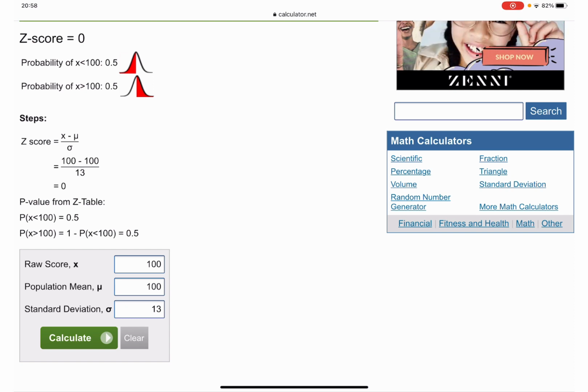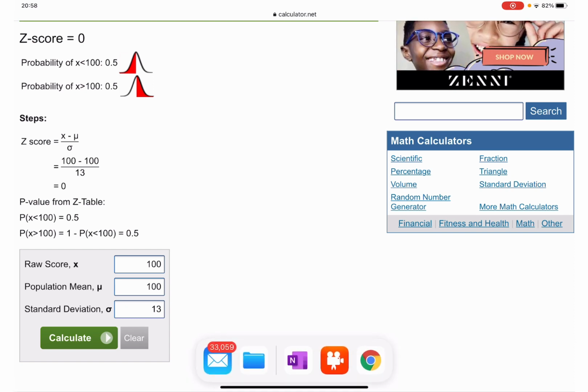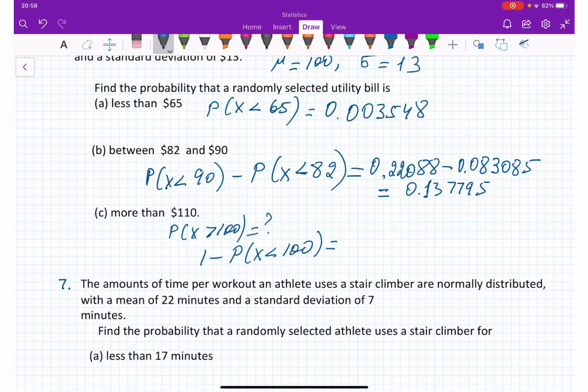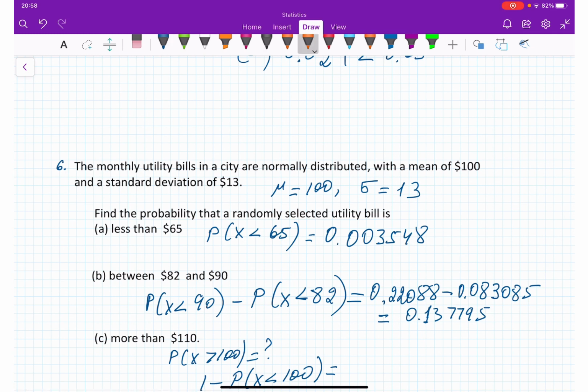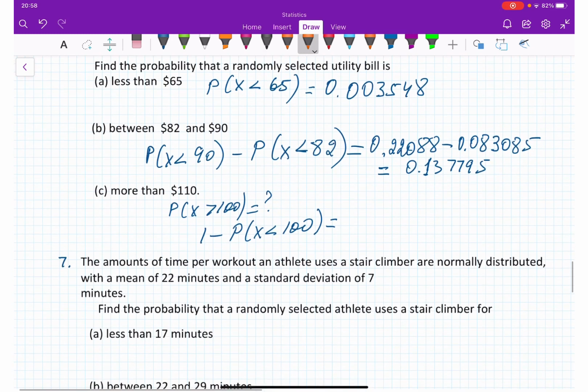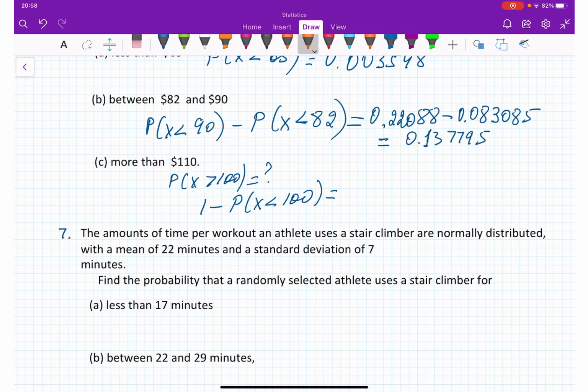Because it's the same thing as the mean. My mean is 100 here, and x is 100 also, which means it's right where the average is, and the average breaks the distribution down by 50%, which is going to be 0.5.